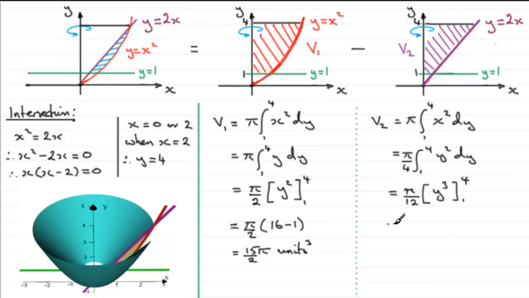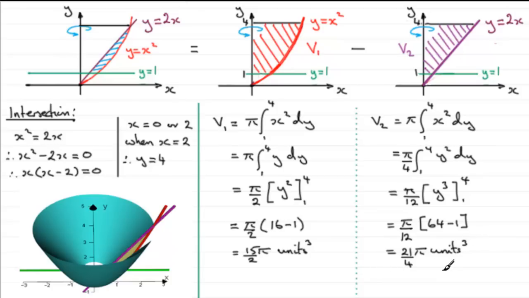Substitute our limits in, and we've now got pi over 12 multiplied by 4 cubed, which is 64, and then minus 1 cubed, which is 1. 64 minus 1 is 63. 63 pi over 12. You could divide top and bottom by 3, and this reduces down to 21 pi over 4. And again, being a volume, we'll just say that that's units cubed.